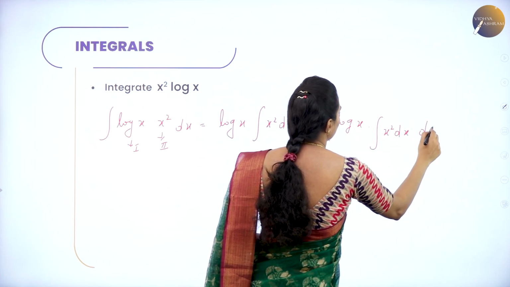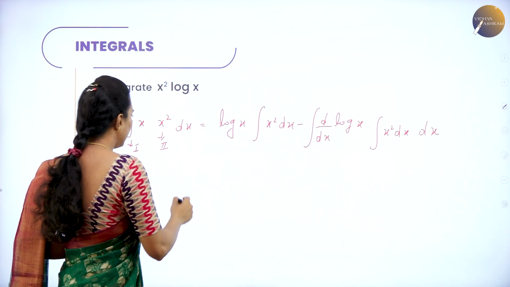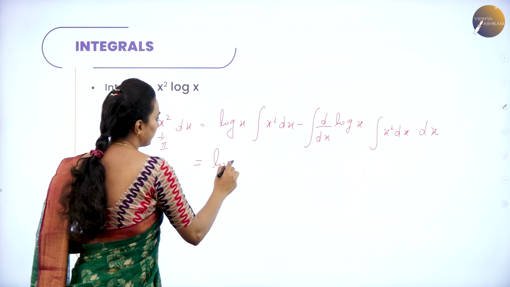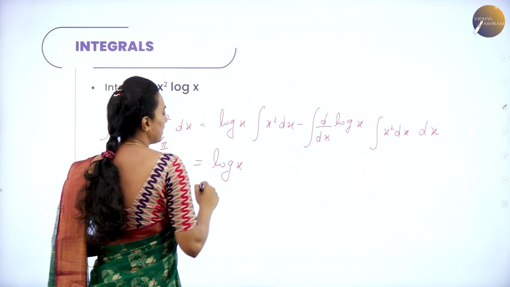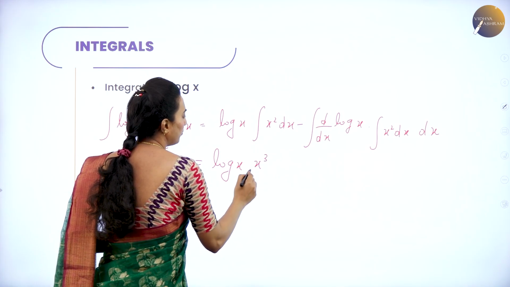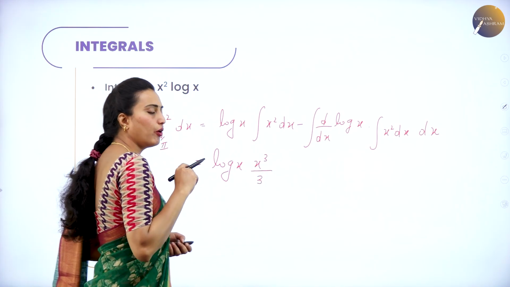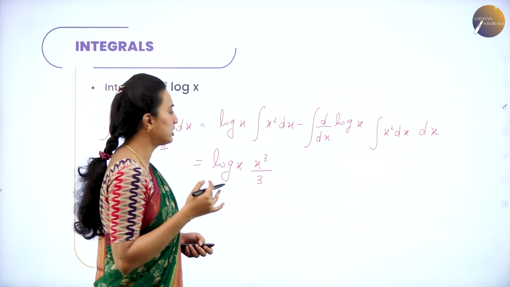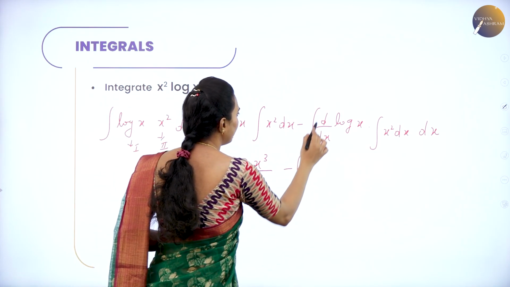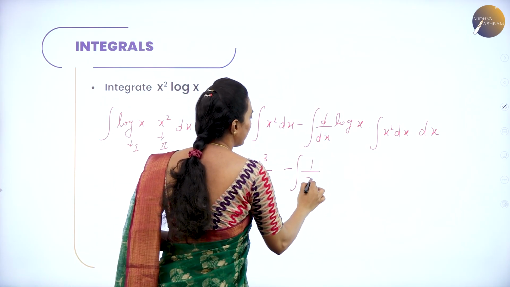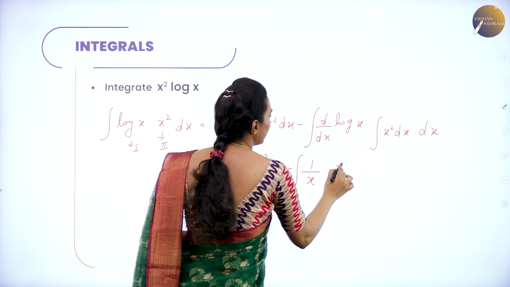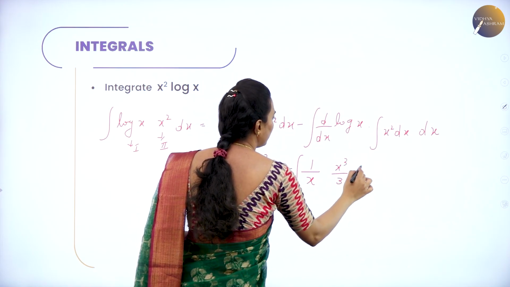into dx, right? Now here again further log x into integral of x squared is nothing but what? x cube divided by 3, x to the power of n plus 1 divided by n plus 1, minus integral of d by dx of log x is 1 by x, integral of x squared is x cube divided by 3 into dx.